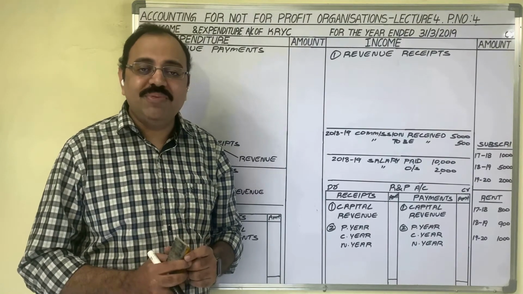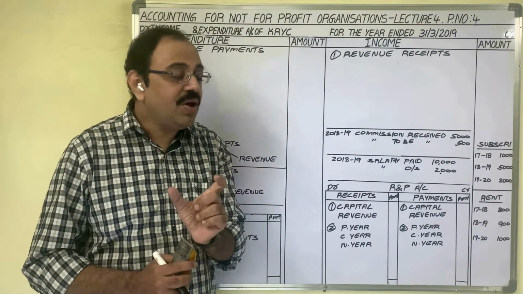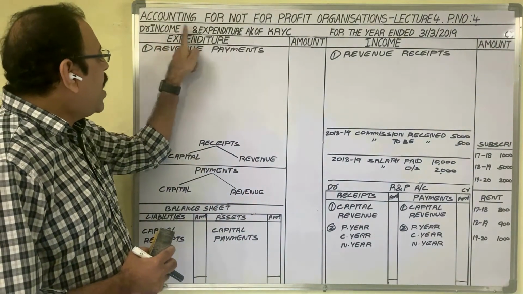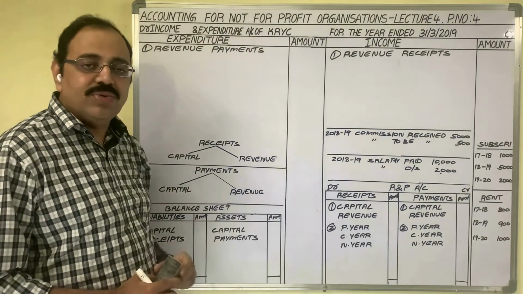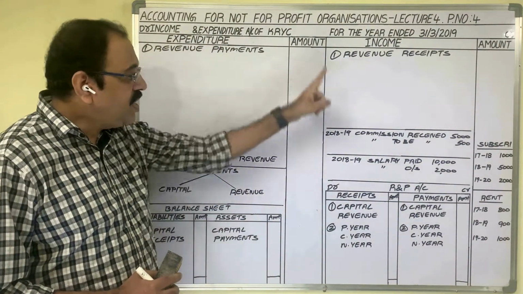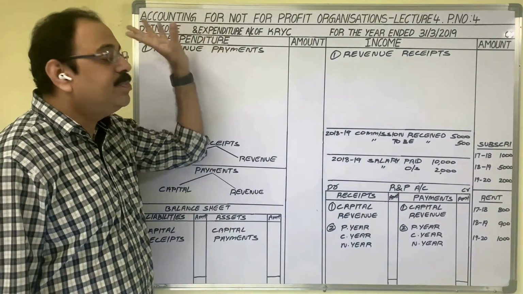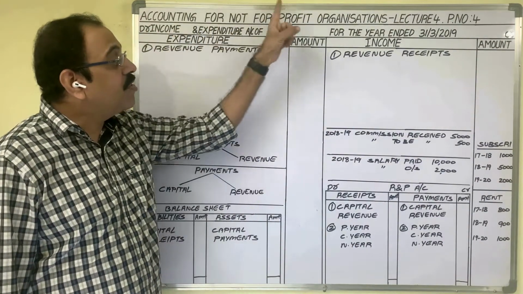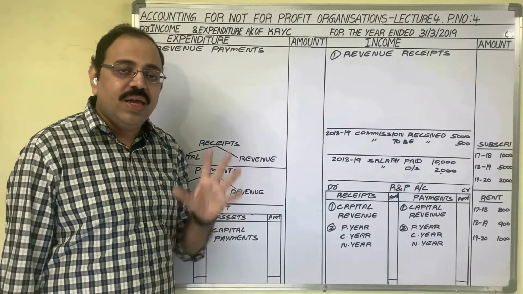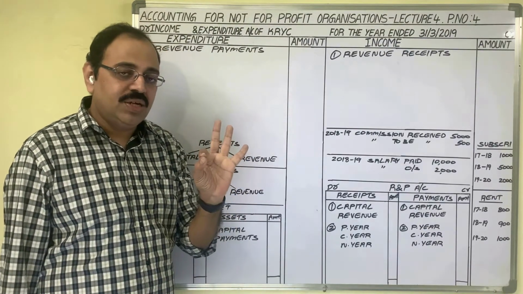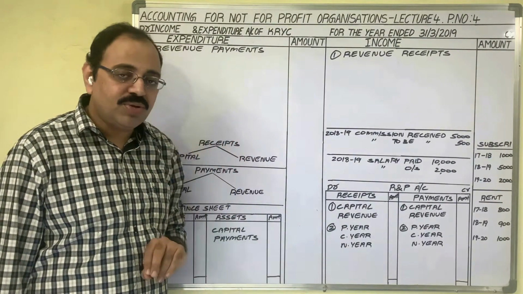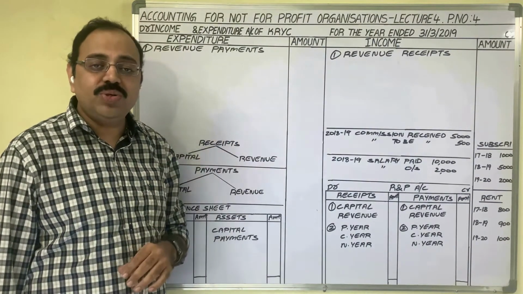The income and expenditure account of not-for-profit organizations and the profit and loss account of for-profit organizations are almost the same. Observe the name of this account: income and expenditure account. It means in this account we show the incomes and expenses of not-for-profit organizations. Incomes and expenses both come under nominal accounts. What is the nominal account rule?